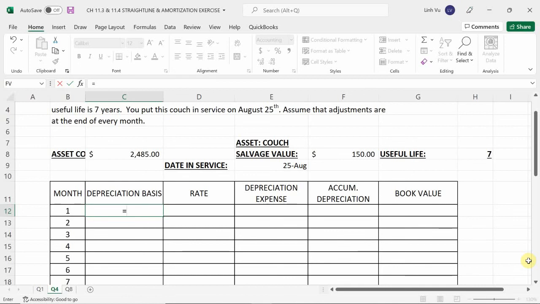Depreciation basis is the cost of the asset minus salvage. $2,485 minus 150.